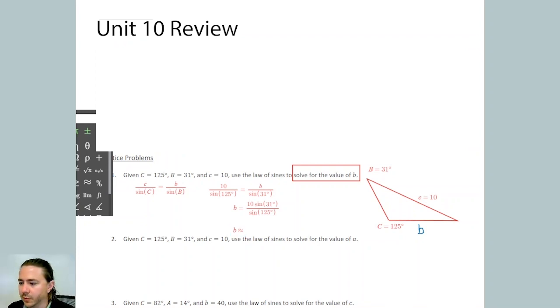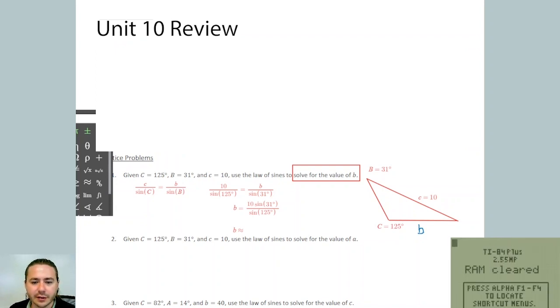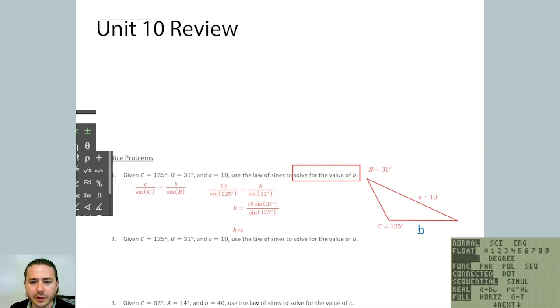All right, where is my calculator here? Isn't it showing up? There we go. Okay, back in business here. Let's make sure we're in degrees. Radians is going to be the default, so we want to check on that. And so we're going to go ahead and type this in.